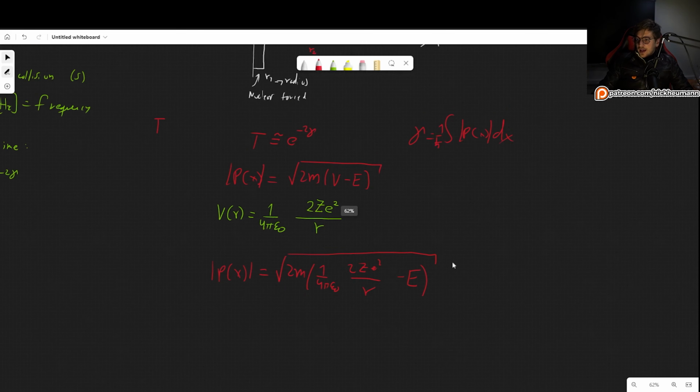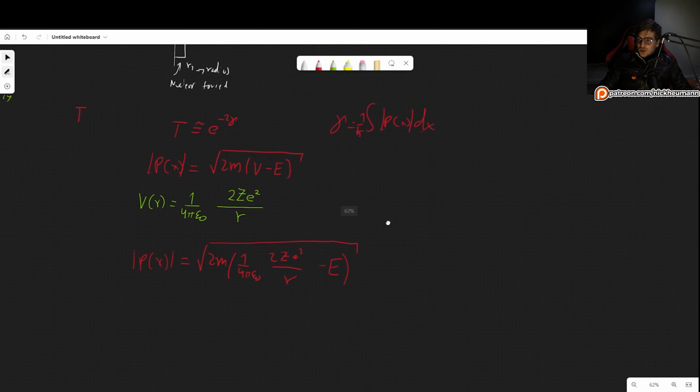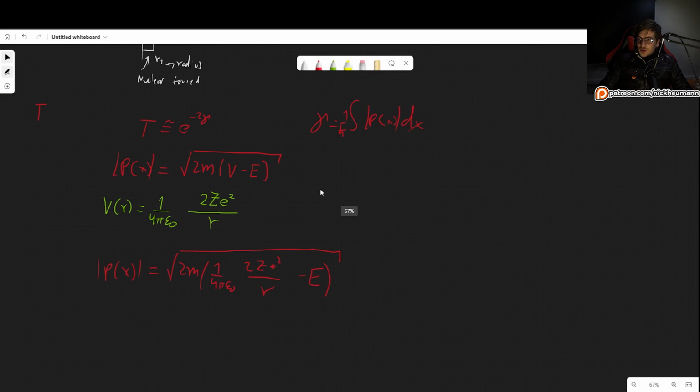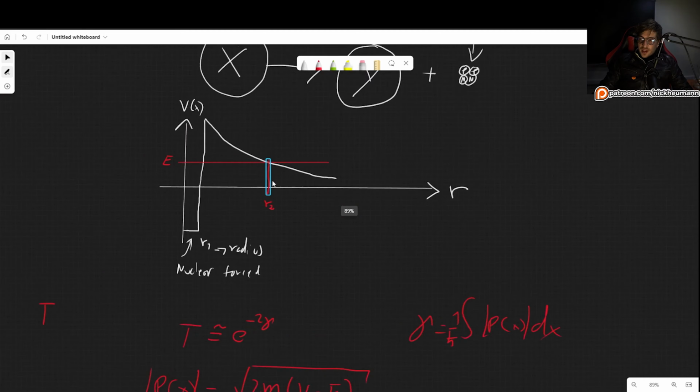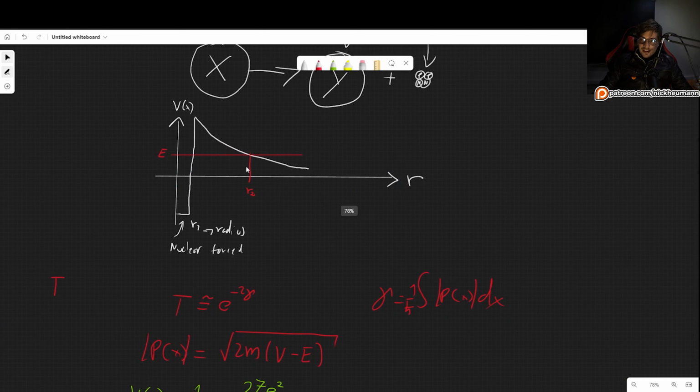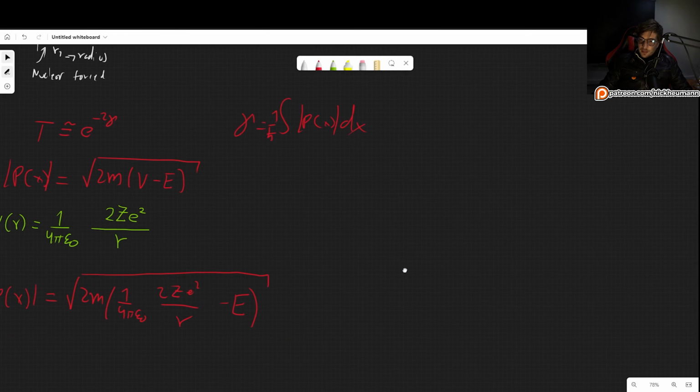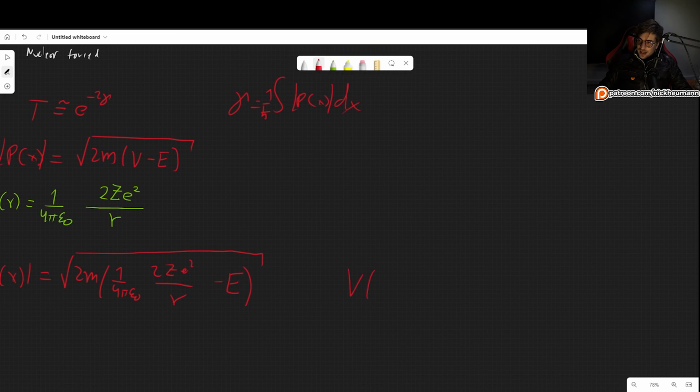Okay, and now we can make this notation quite a bit cleaner by using now the fact that we know that there exists this turning point. So at that turning point, the potential at R2 will be the same as the energy. And now plug in just r equal R2, we get 1 over 4 pi epsilon 0 2z e squared divided by R2.